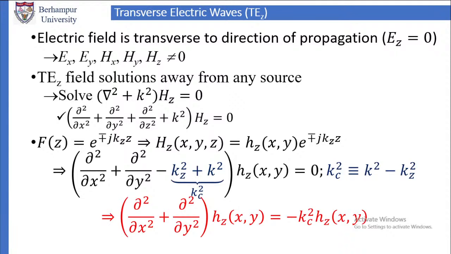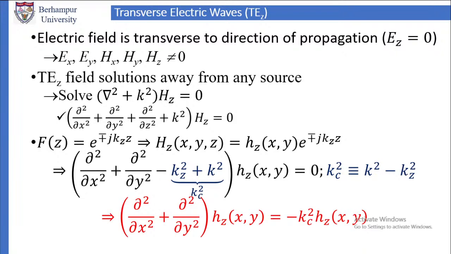As you know, dou square by dou x square of exponential ax is equal to a square times exponential ax. Using that, this gives minus k subscript z square. The k square is already inside the operator.